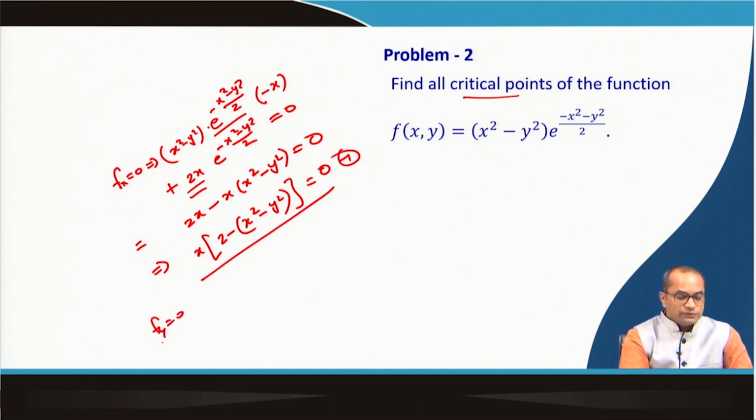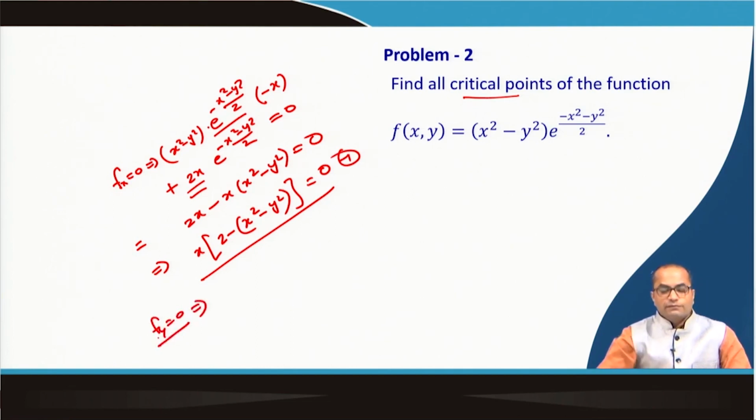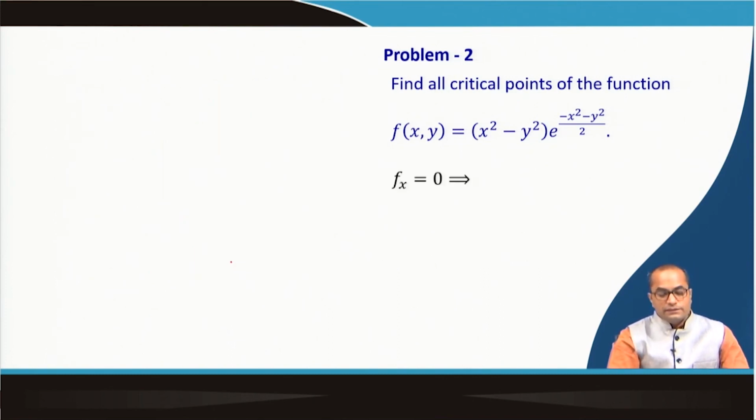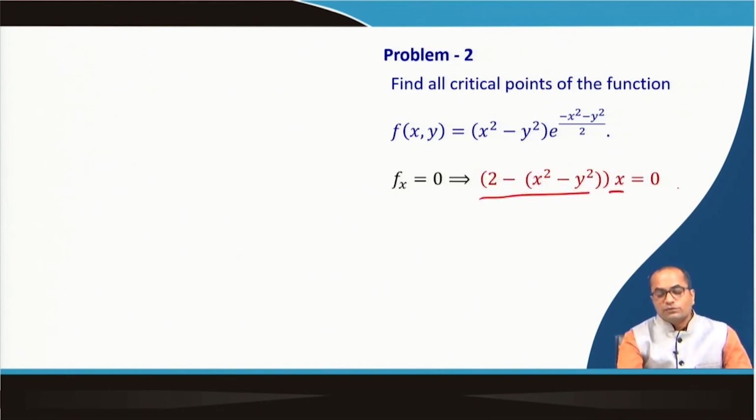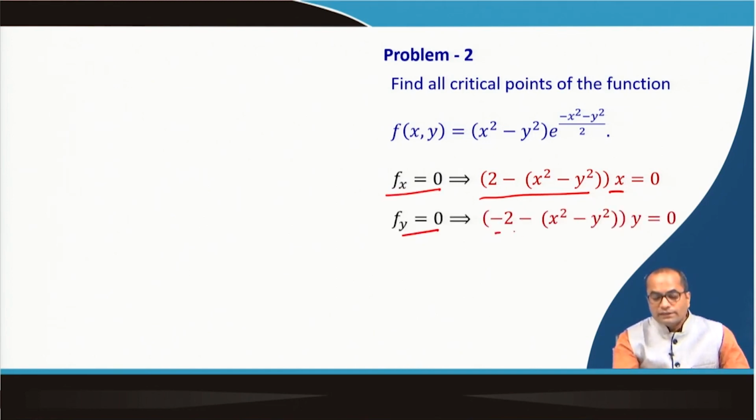Similarly, f_y equal to 0 we set, and we will get the other equation. There is a symmetry in x and y, so similarly, instead of x we will get just y in the second equation. So, we have (2 minus x^2 minus y^2) x equal to 0 from f_x equal to 0, and for f_y equal to 0 we are getting (2 minus x^2 minus y^2) times y equal to 0. This is the second equation we are getting.